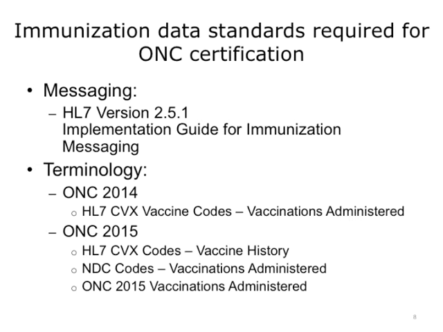For ONC 2014 certification, HL7 CVX was used. For ONC 2015 certification, HL7 CVX can still be used for historical immunizations. However, to communicate about newly administered immunizations, NDC codes are now required.